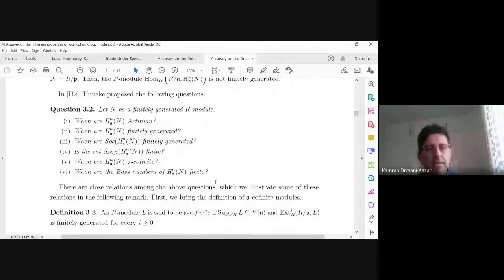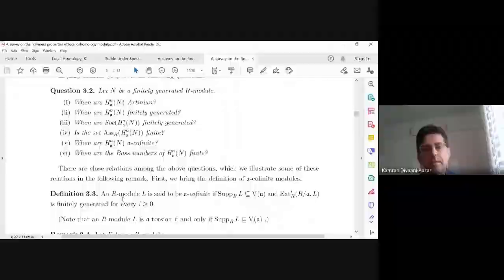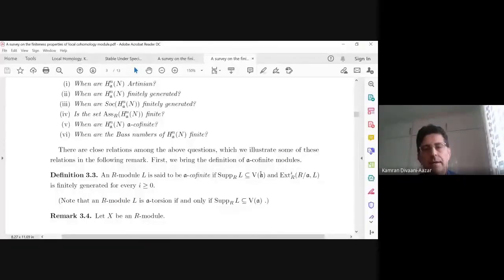But before that, I bring the definition of cofiniteness. Suppose L is supported in V of A, and Ext^i of R over A and L is finitely generated for all non-negative integers i.